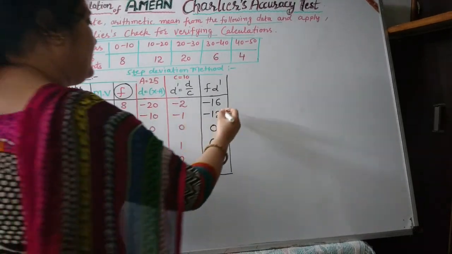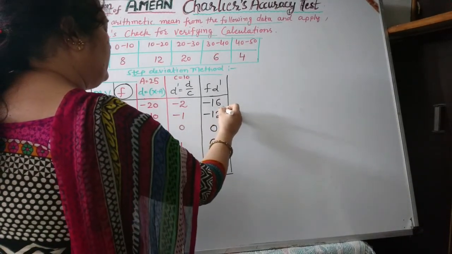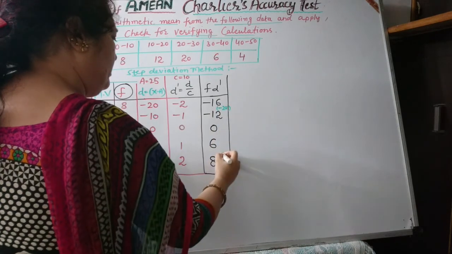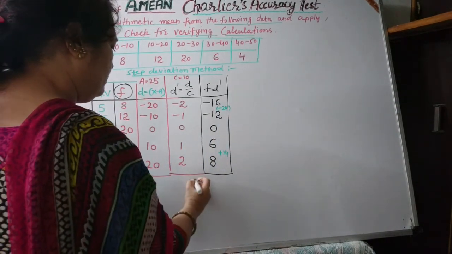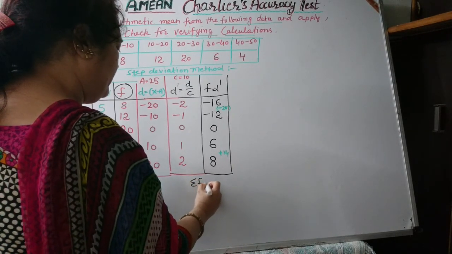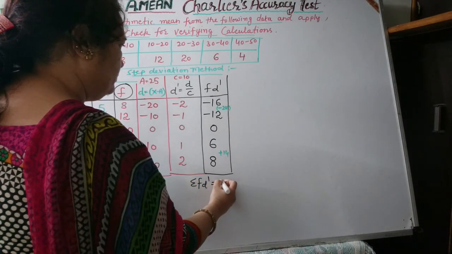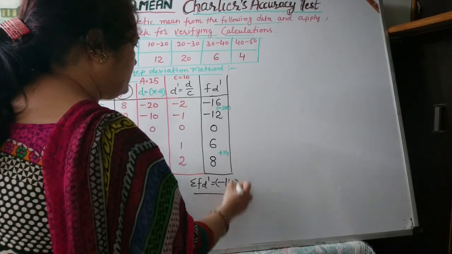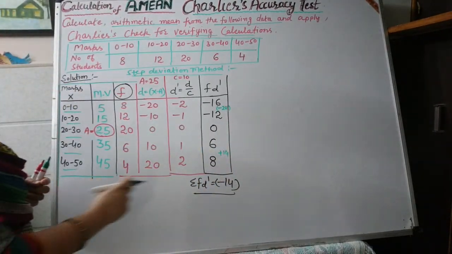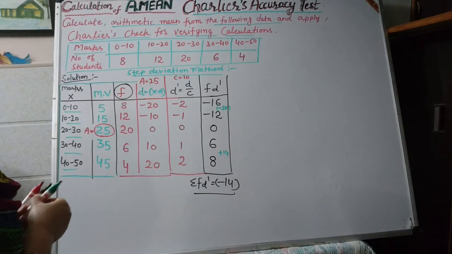So the negative values sum to minus 28 and the positive values to 14. So summation sigma f D dash will be equal to minus 14, because minus 28 plus 14. So the answer will be minus 14.